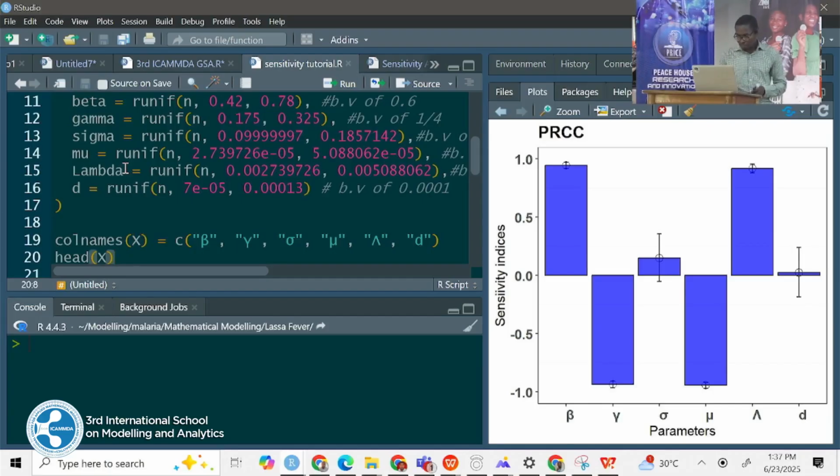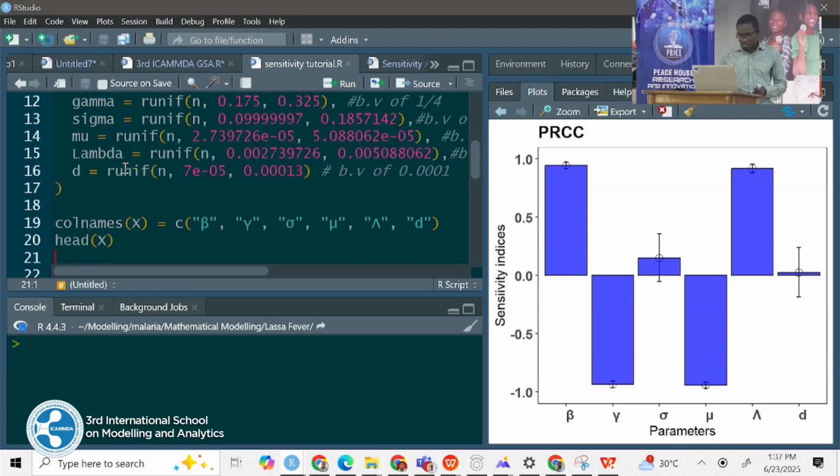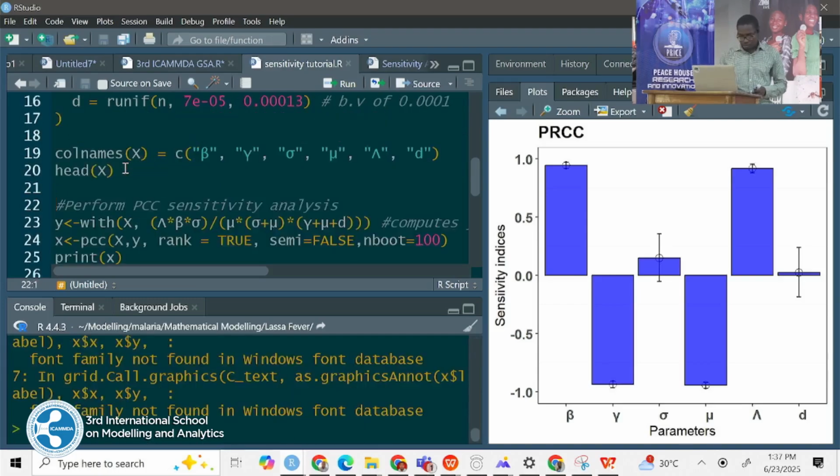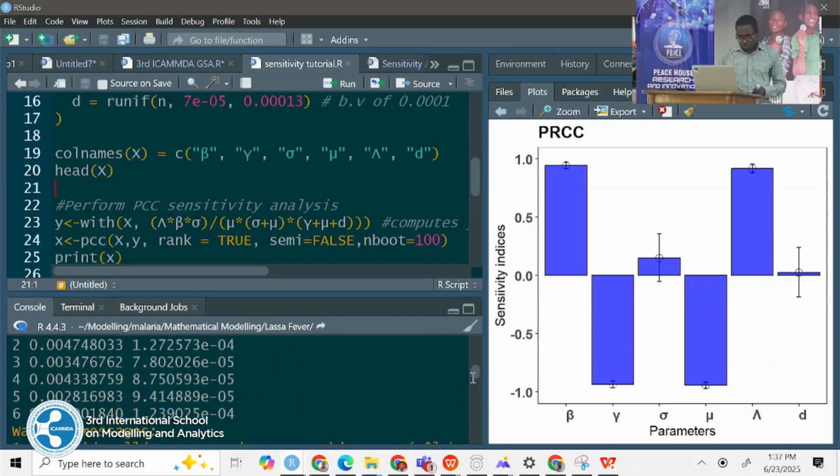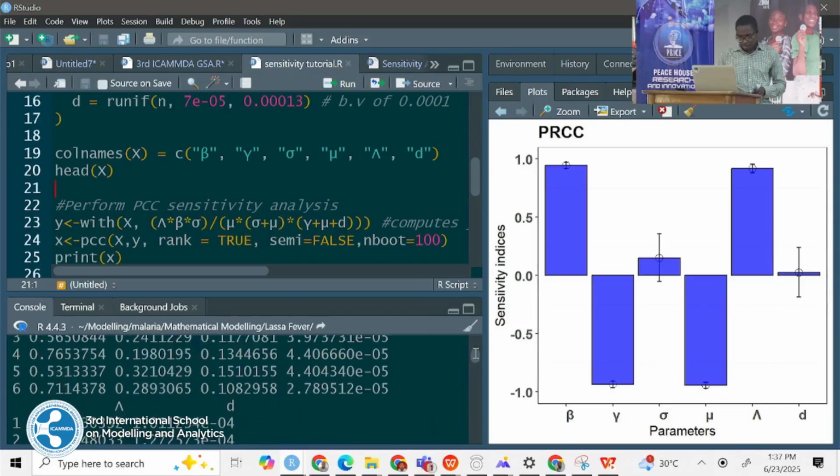Then you can, let's see the first 6 values using head. So we see the first 6 values.